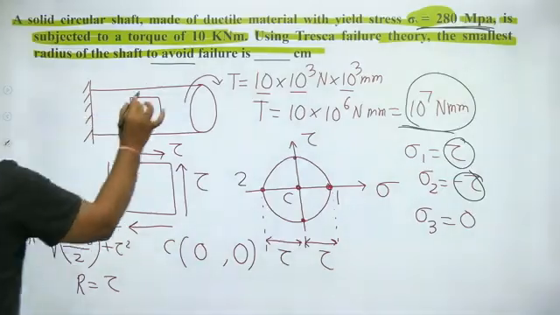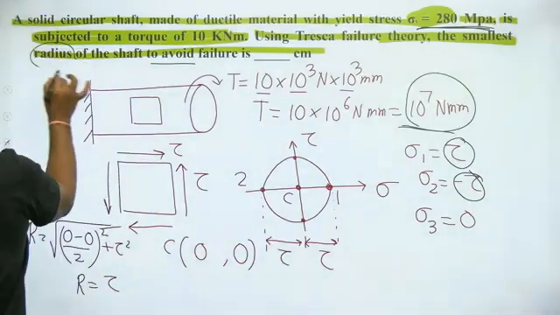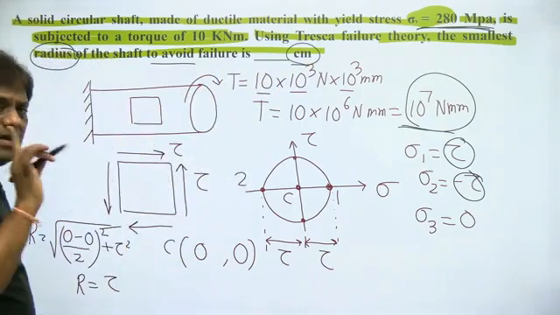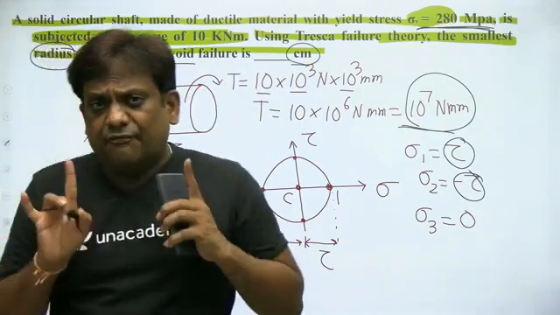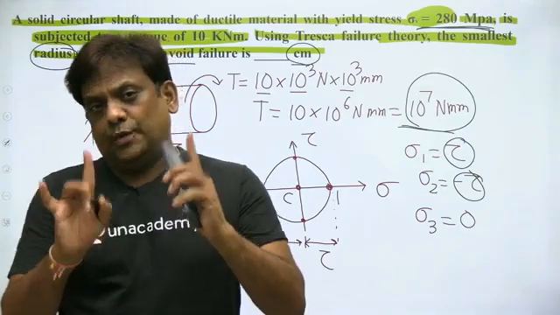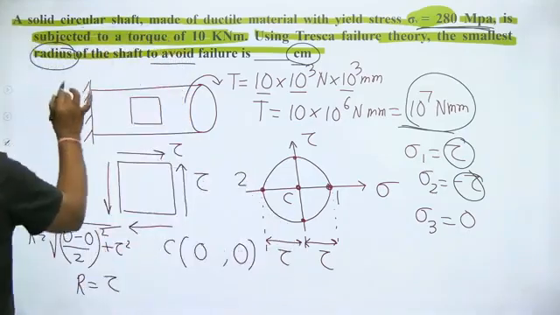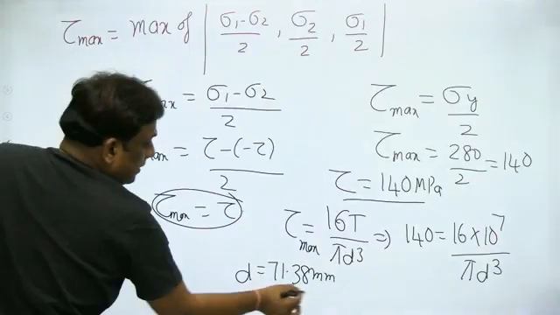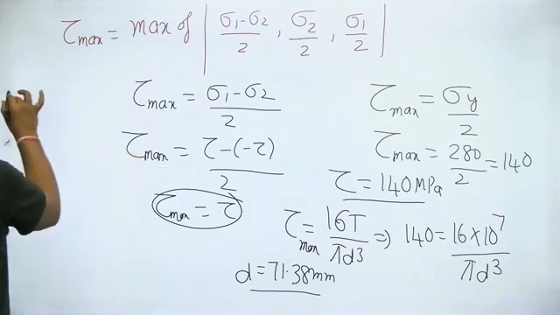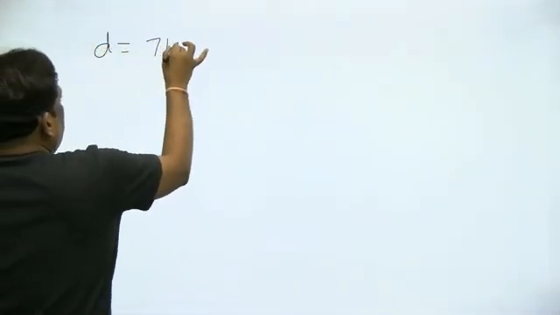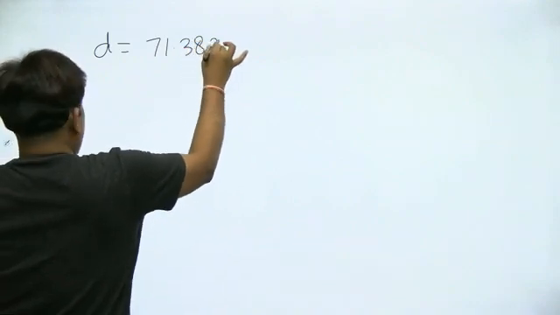If you see, he's not asking diameter, he's asking radius. So that too in centimeter. And always remember, whenever it is a fill in the blank question, you should take extra care of units. He is asking radius and that too in centimeter. But I got the diameter, and not in centimeter. I got it in mm. So the diameter is 71.38 mm.